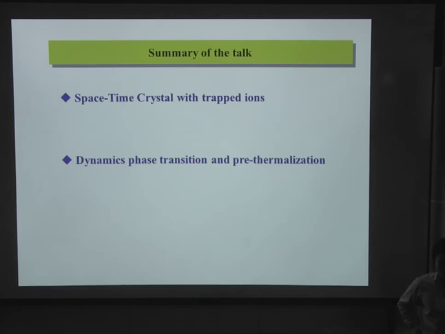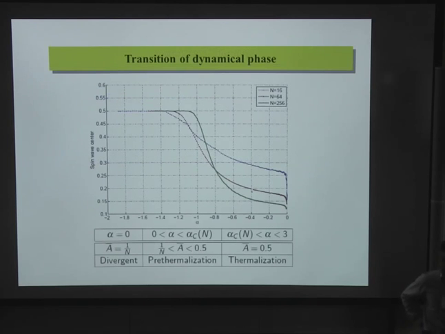Is there a way of intuitively understanding why there's a plateau? The basic physical reason is that there are two different time scales emerging from the system. There are some spectral properties of the eigenspectrum of this Hamiltonian, and there are two widely different time scales, or you can say two widely different energy scales.